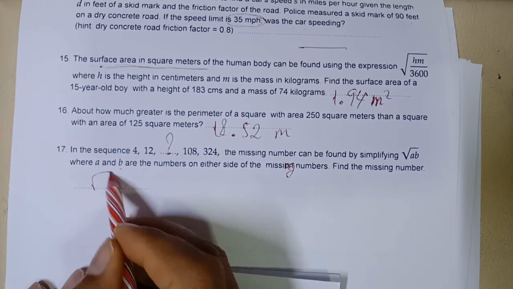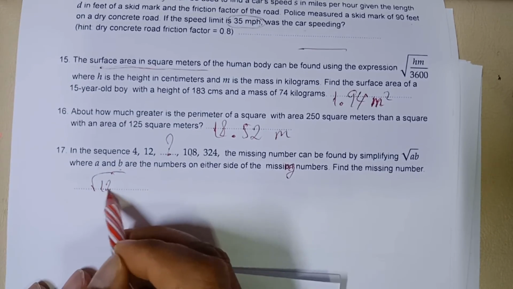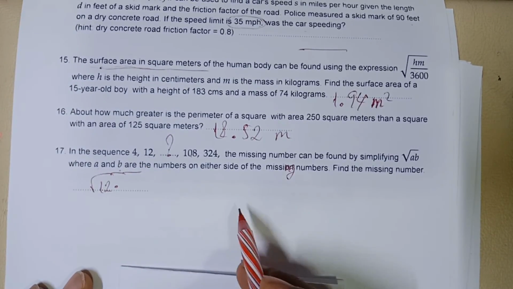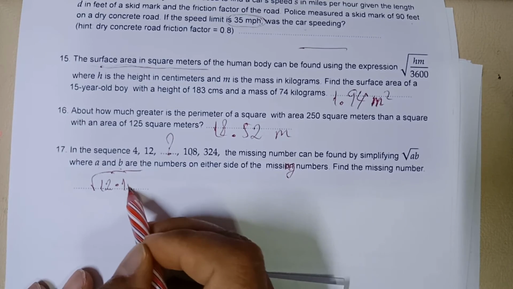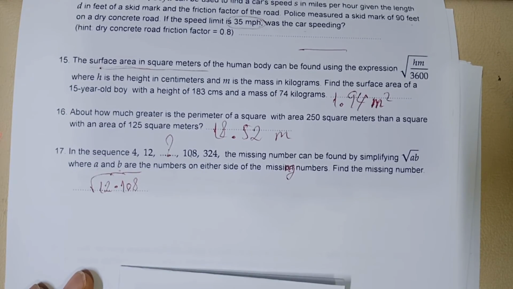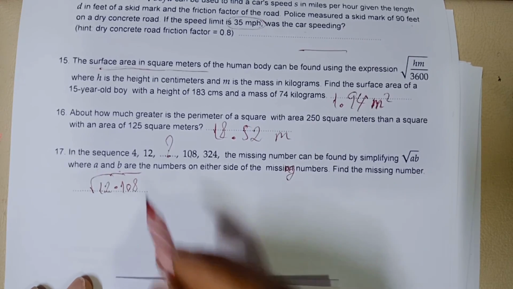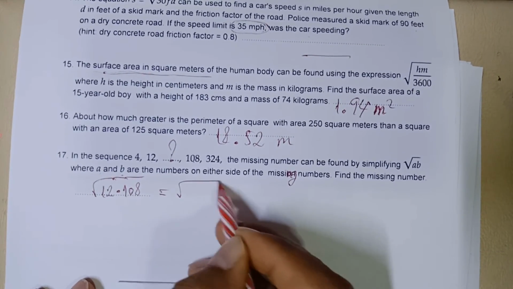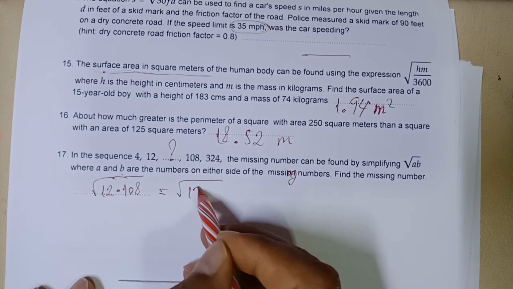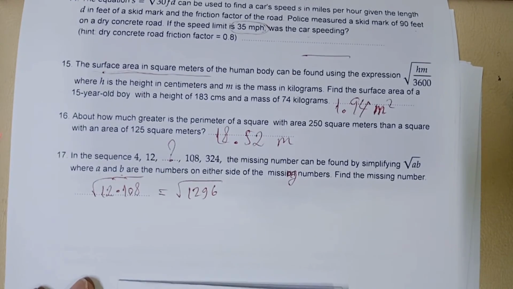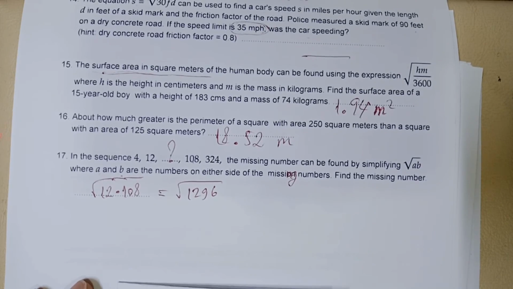So square root of 12 times 108, that will give you the square root of 1296, and when you apply the square root, you will come to the final answer, which is 36.